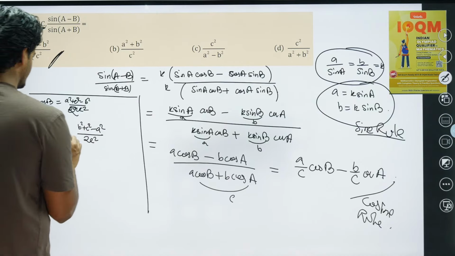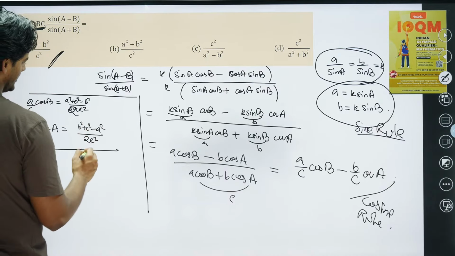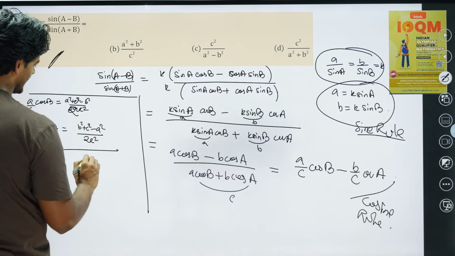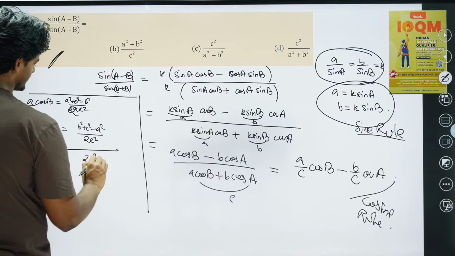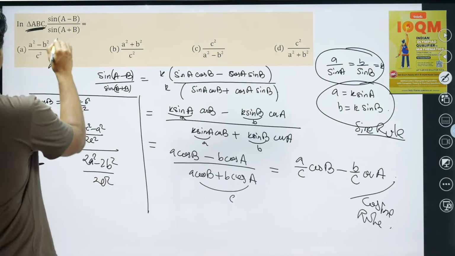If you subtract these, c square will get cancelled and you will have 2a square minus 2b square by 2c square, which is option A.